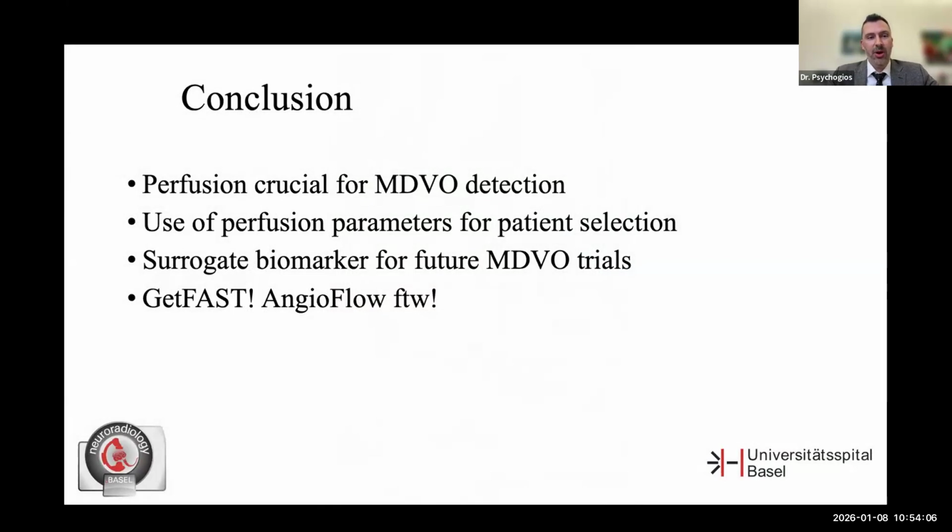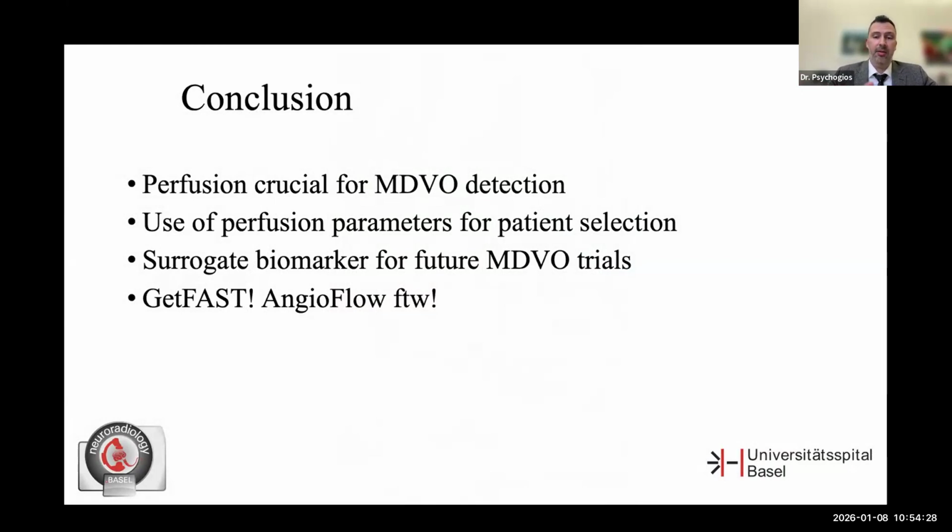So to summarize, I think perfusion is crucial for MeVO detection. We have discussed this for a lot of years, and this is one of the reasons why we were seeing so many more distal occlusions in Basel compared to other centers. The use of perfusion parameters is going to be important for patient selection.